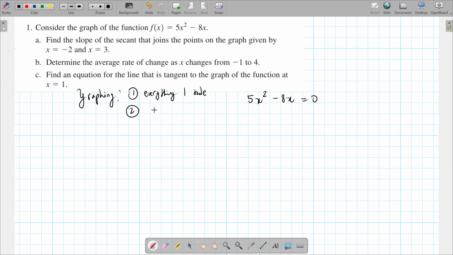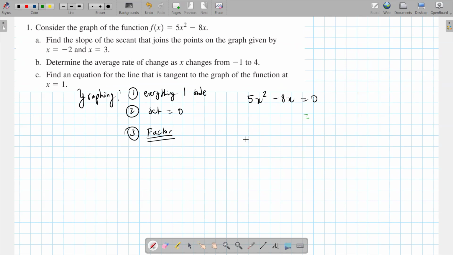Step number 2, set it equal to 0. Step number 3 is going to be different depending on the polynomial function you have, but the goal is always to factor it. Some are easier than others. If you have a cubic function, anything more than power 2, then you have to do synthetic division by using the factor theorem, remainder theorem, in order to factor it. But quadratic is very simple to factor.